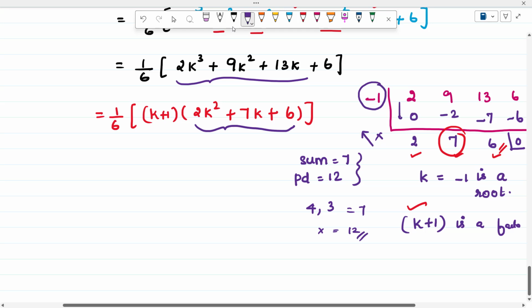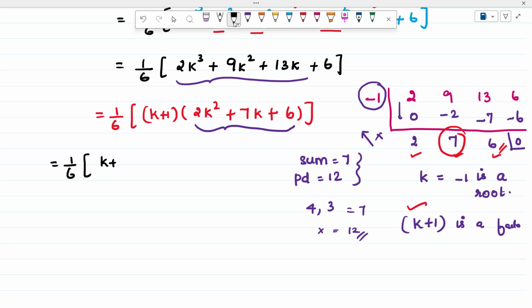Now this equation is equal to 1 by 6 into k plus 1 into 2k square plus 7k plus 6, which becomes 2k square plus, with 7k split as 4k plus 3k, plus the next term 6.